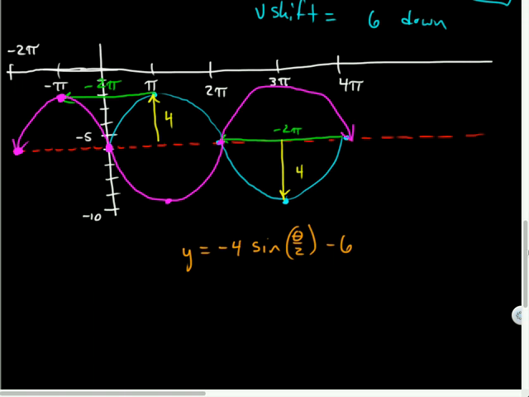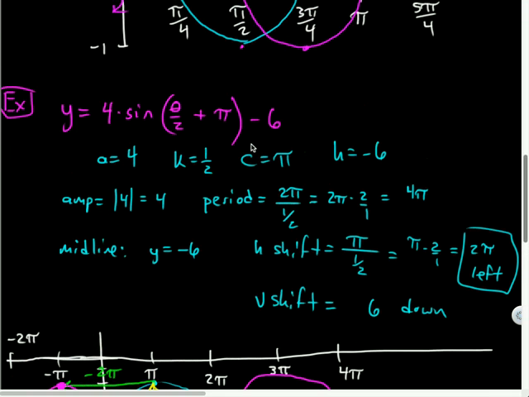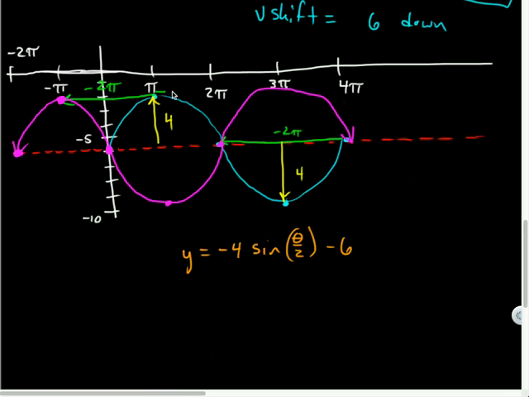Also, because this is a horizontal shift by half of the period, what if I shifted this 2 units this way? That would have mapped back onto itself as well. So there are all sorts of crazy ways I could have made that work out.